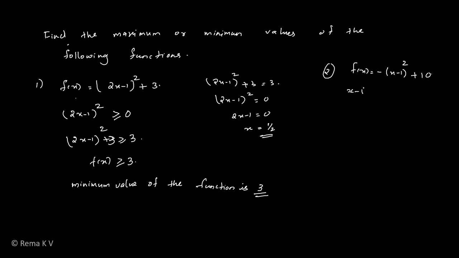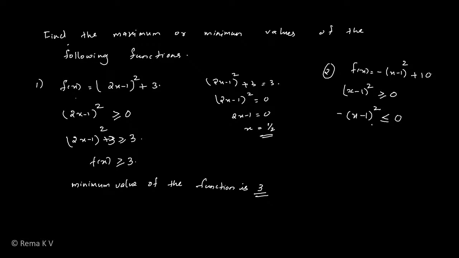So we know that (x minus 1) the whole square, as it is a perfect square, is greater than or equal to 0. This number is a positive number. So if we put a minus sign here, minus of (x minus 1) the whole square, multiplying both sides of an inequality with a negative number, the sign of inequality should be reversed.